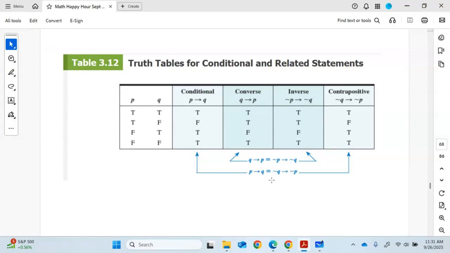So your original statement is equivalent to the contrapositive. And it turns out that the converse and the inverse are equivalent to each other, but they're not equivalent to the original. So the conditional is equivalent to the contrapositive, but the converse and the inverse have a completely different meaning.